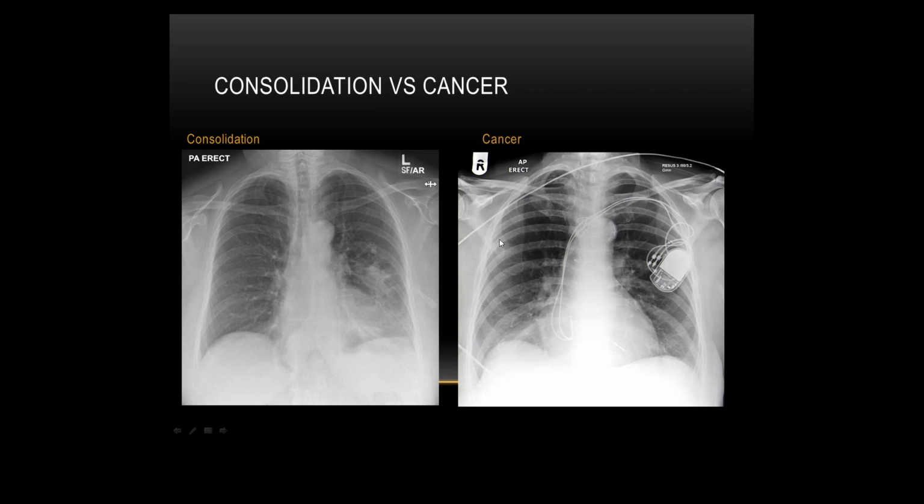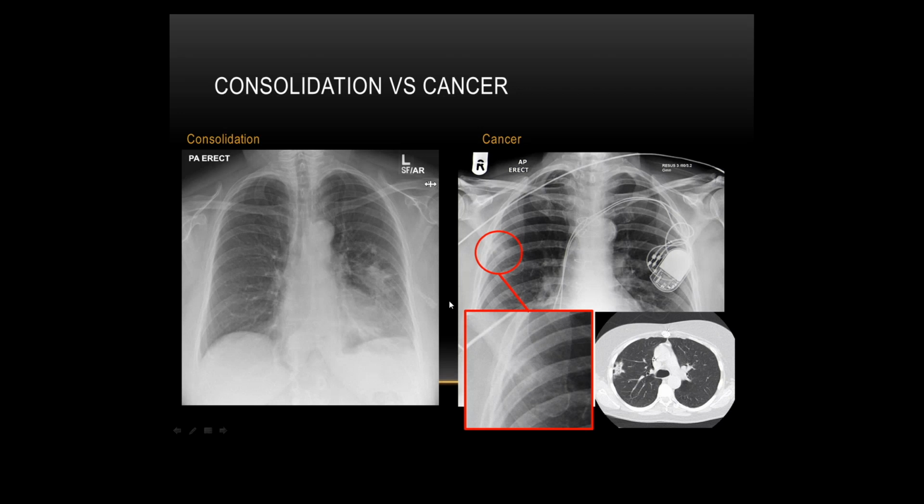This one came back exactly the same after 6 weeks, so we did a CT and it was confirmed cancer. So the take-home message is that it's very difficult to determine between cancer and consolidation, unless you've got a strong history of smoking and haemoptysis. So we always do the follow-ups to determine what course of action we need to take. And then obviously that's your CT scan there, you can see the mass.